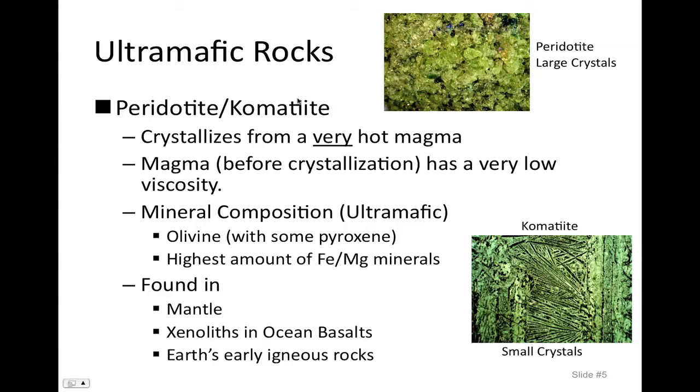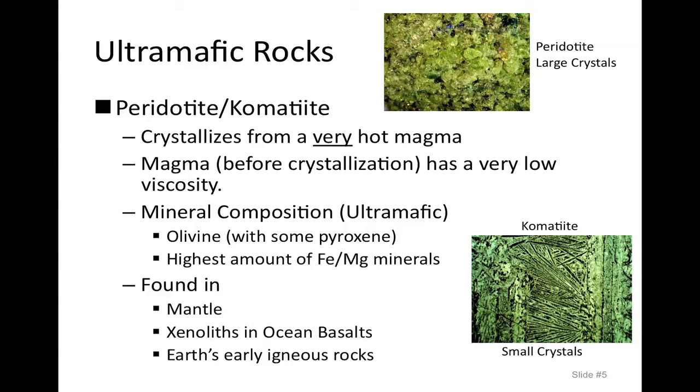So komatiite today is actually a very rare rock to find. It's basically ultramafic rock that's made of very tiny crystals. This is a picture of it here, but the crystals look large to the eye, but this is actually a microscopic view. So it's like you're looking in a microscope at the crystals. So it's not as large as it may appear in the picture.